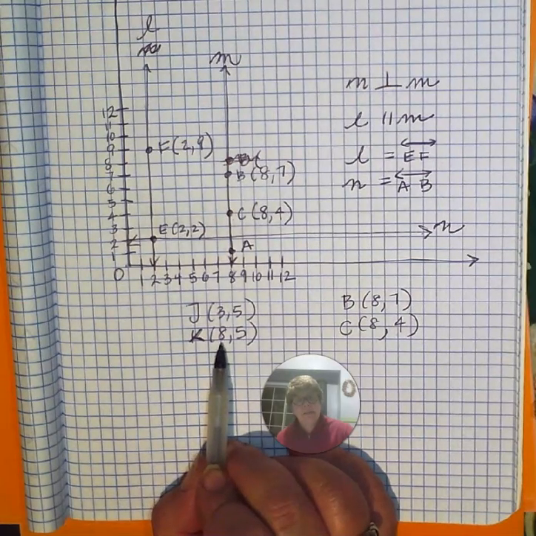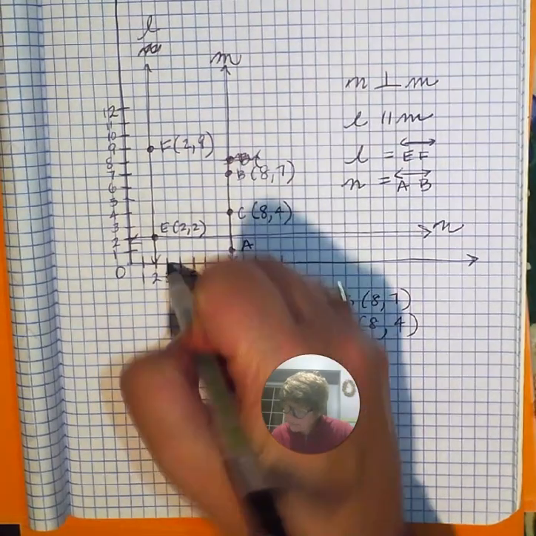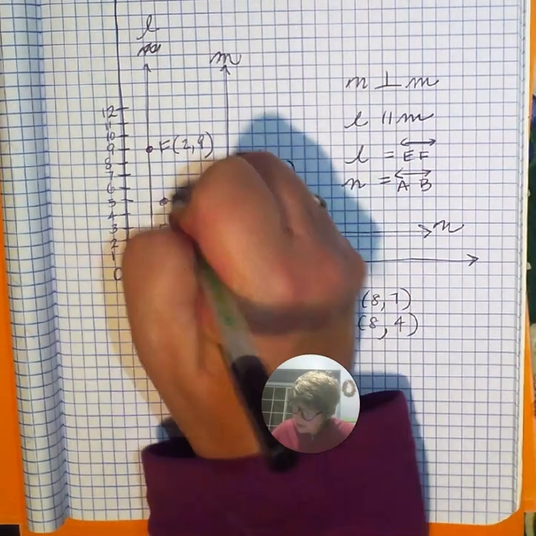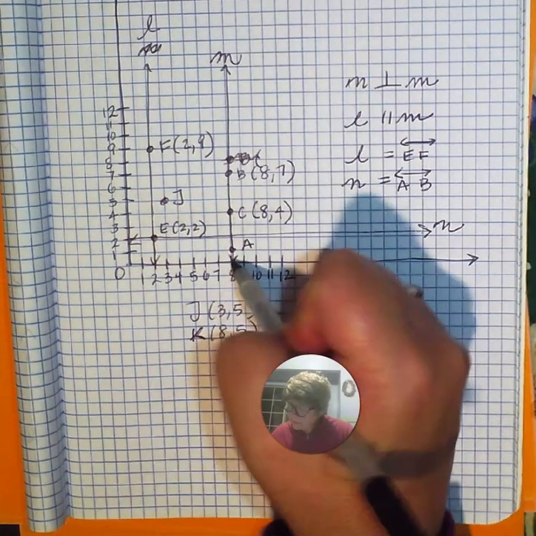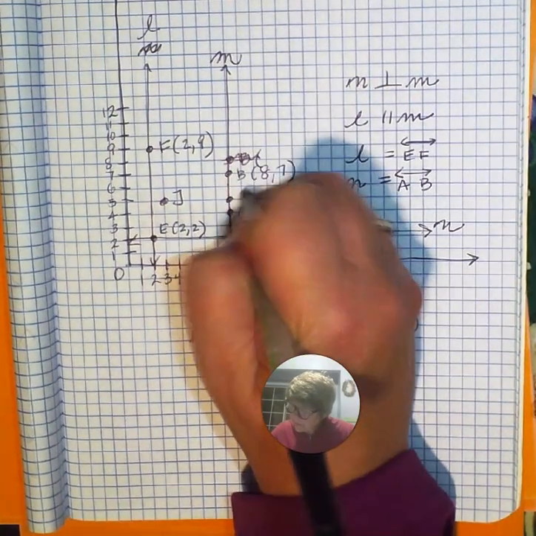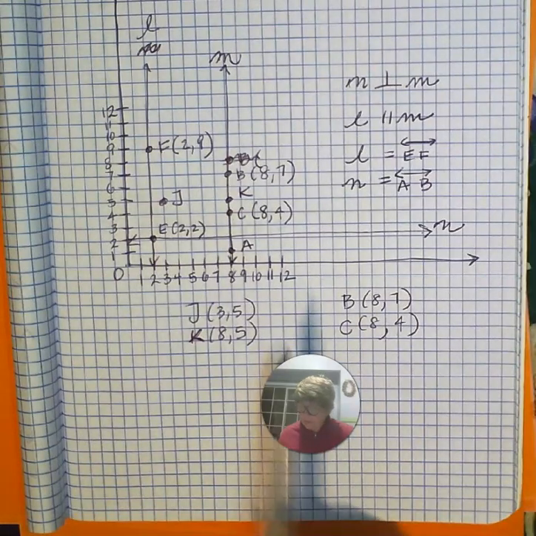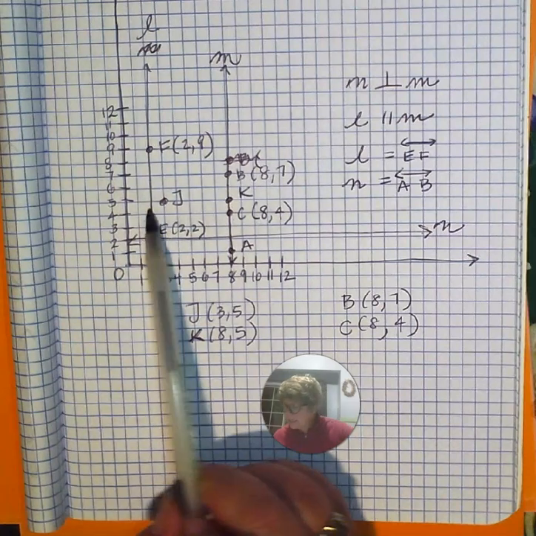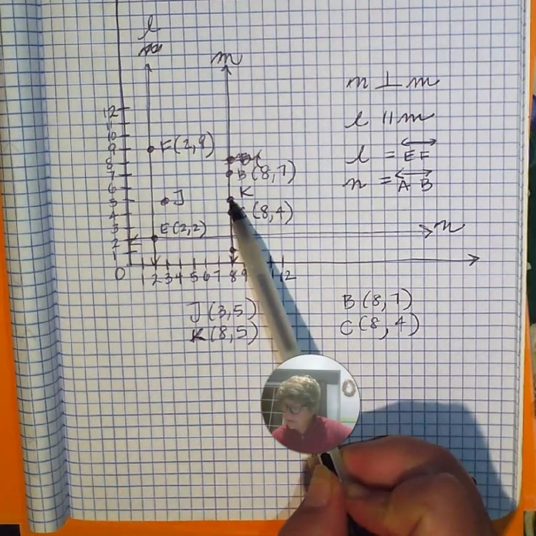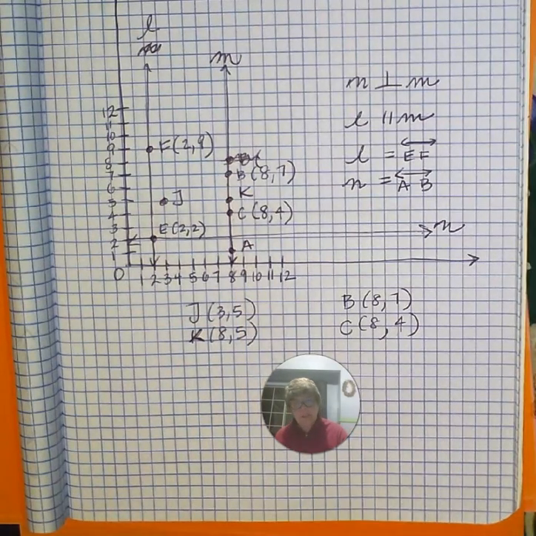So J would be 3, 5, and K would be 8, 5. So we're talking about how far away it is from the y-axis. So you can see that K is 8, so it's 8 away from the y-axis. All right? Practice is going to make it a little bit easier. Okay?